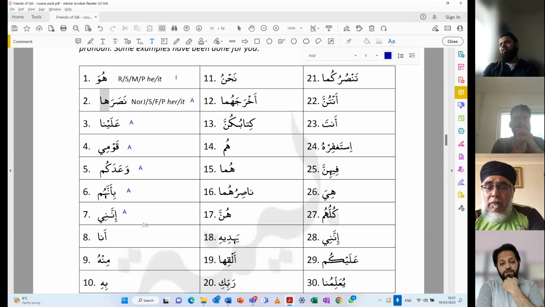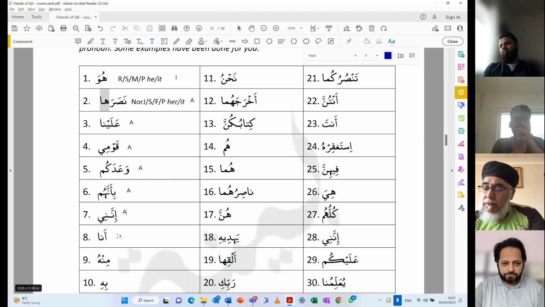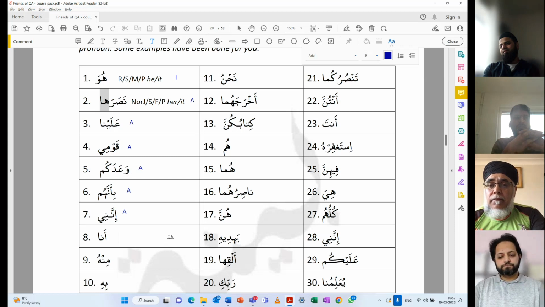The ni we said would be used largely for nasab. So even though you do not know the word before it yet, and you do not know what impact it creates on the pronoun, you can still tell it's nasab. Ana. Attached or independent? Independent. Correct. Independent.